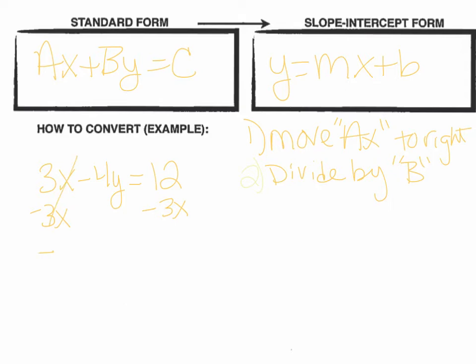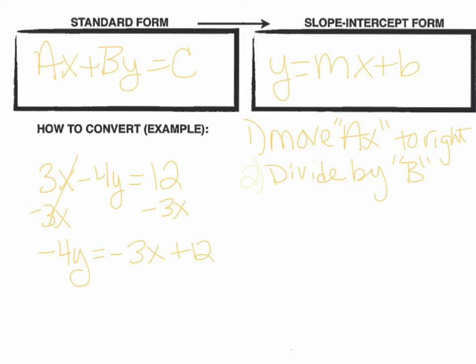And now I'm left with negative 4y is equal to, we want to line this up so it looks like slope-intercept form. So I want to put the x term first and then the constant value second. Here I'm going to write it as negative 3x plus 12. You're not wrong if you have 12 minus 3x, but it's just not the usual way that we see it, but that can be perfectly fine.